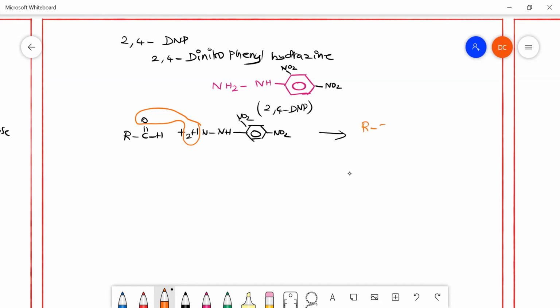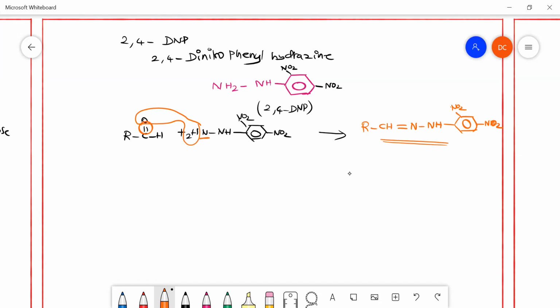That is RCH, with the double bond written here, attached to the nitrogen, NH, and finally the phenyl group with the nitro groups, that is the 2,4 dinitrophenyl group. This is the confirmation test given by 2,4 DNP.